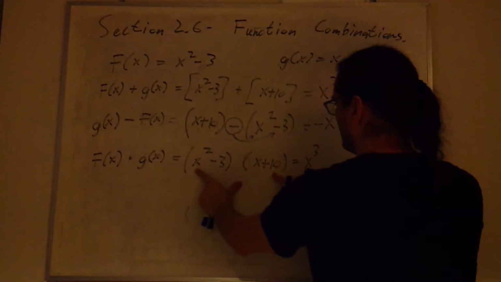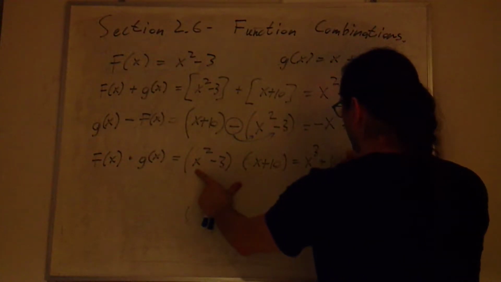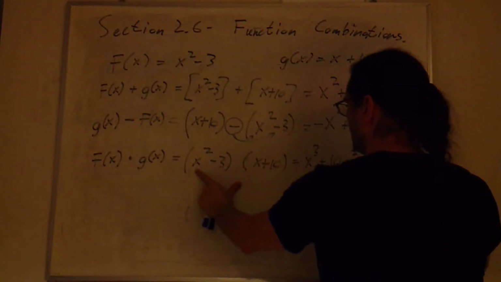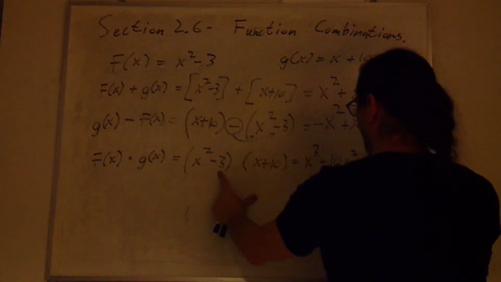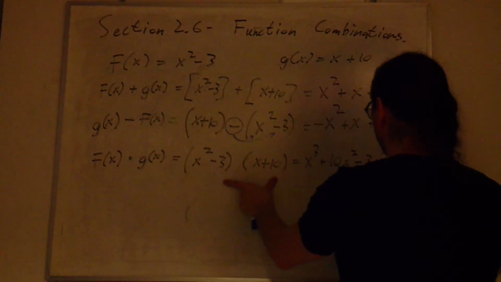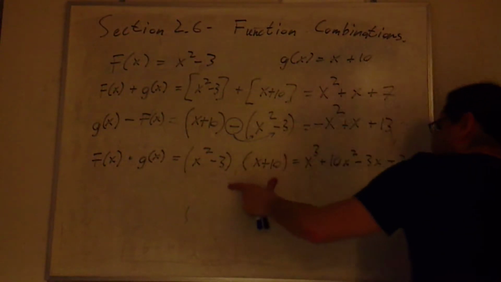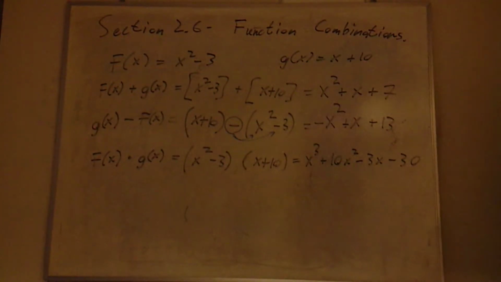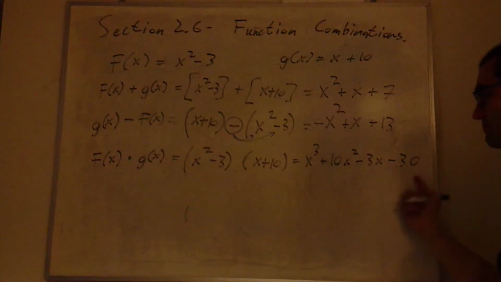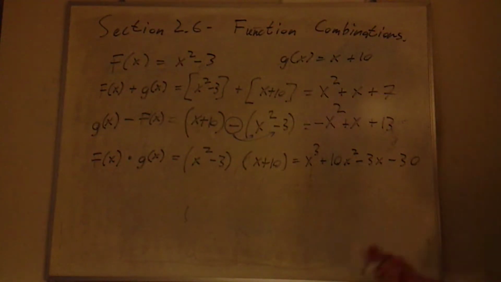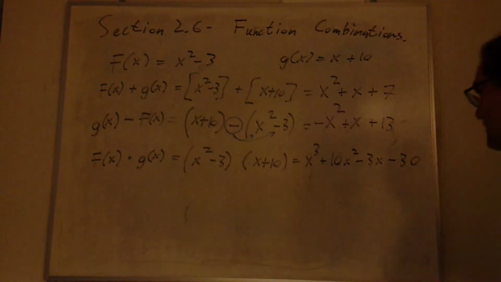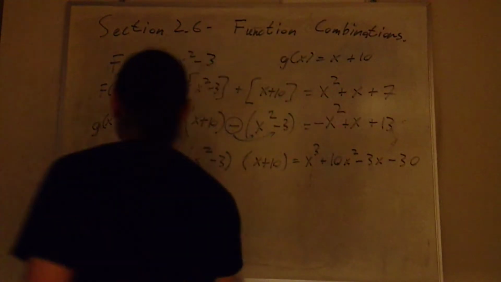The outside terms is going to give me 10x squared. The inside terms will give me minus 3x. And the last terms will give me minus 30. And then we're done. There's no like terms to combine. Each of these is sort of a different tier term, so that's just it, and we're finished.